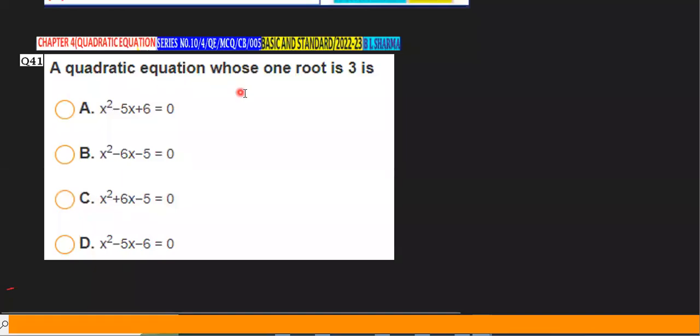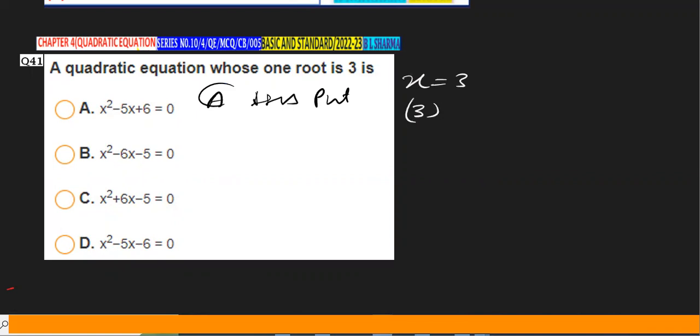A quadratic equation whose one root is 3. देखिए हम चेक करके देखते हैं इसके अंदर से. We have to check in it. The first part में चेक करेंगे. Left hand side, put x is equal to 3.